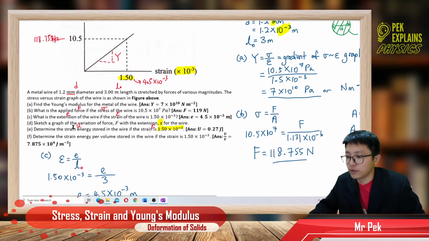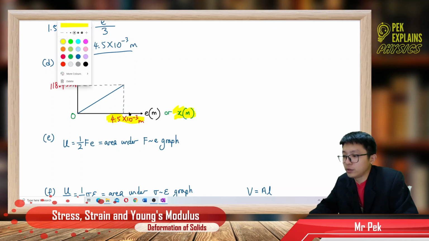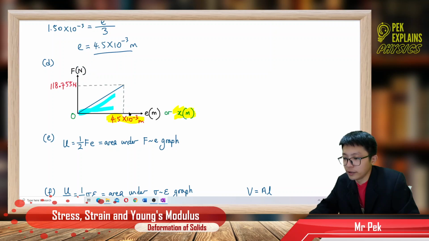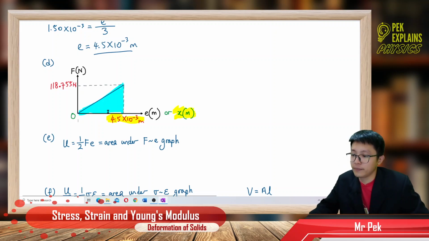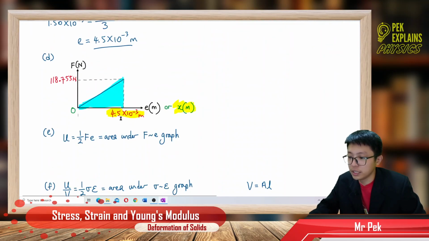So I need to find the area under the FE graph from 0 up to 4.5. I need to find this area under the FE graph. That's the strain energy, under this strain 1.5, which is also 4.5 elongation.